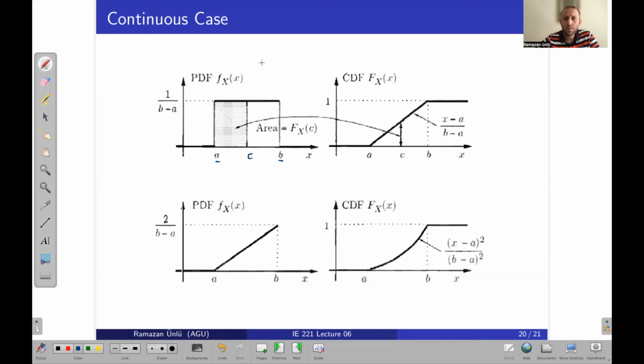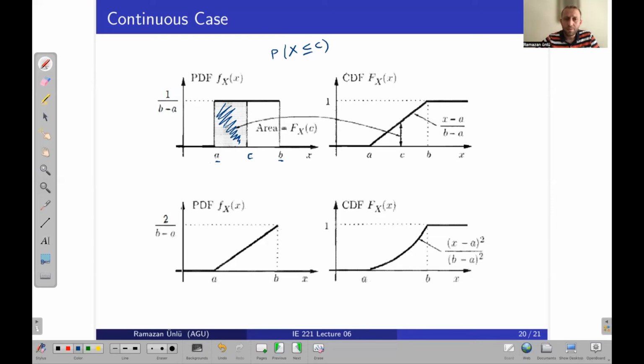If I calculate the area of this region, it corresponds to the probability of x being less than or equal to C, right? So when I calculate the area, that means the probability of x less than or equal to C.